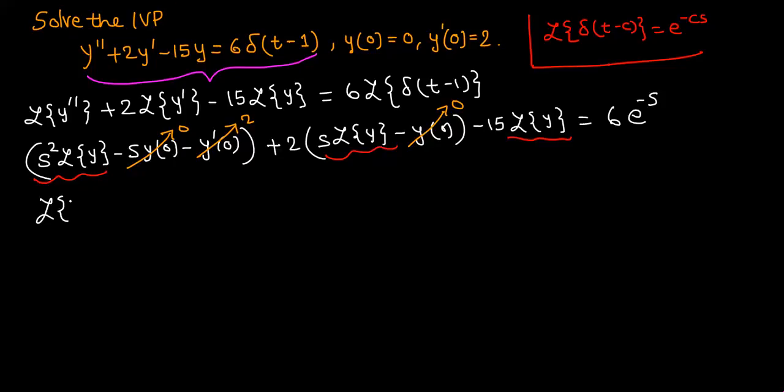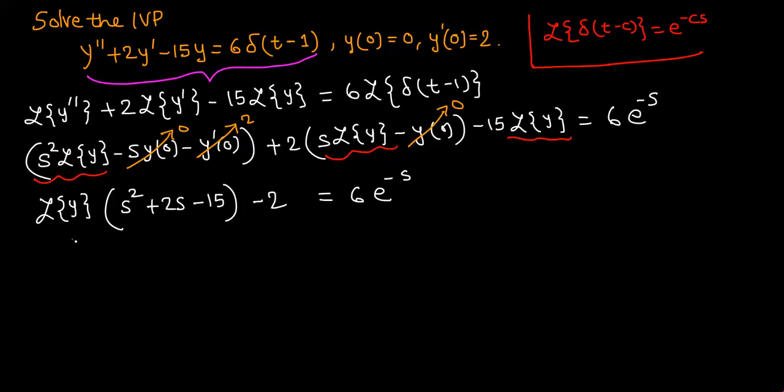We factor L(y) out, and we get s² plus 2s minus 15, because we need to distribute the 2. What survives here is 0 minus 2, that's minus 2, outside of L(y), and this is equal to the right-hand side, 6e^(-s).